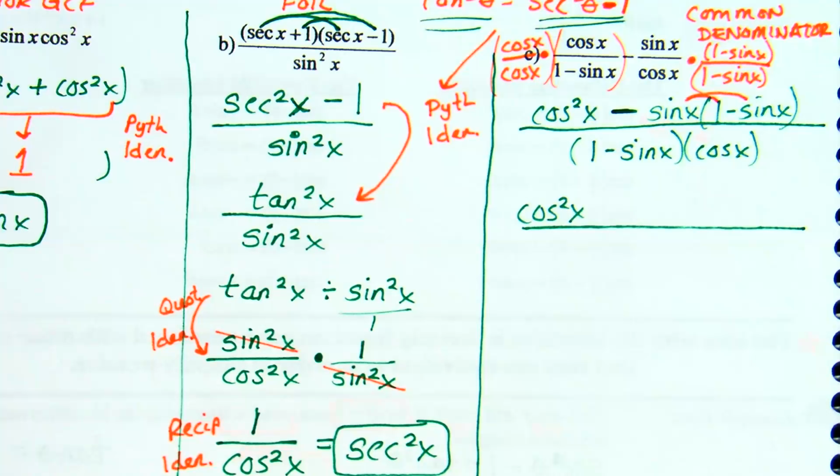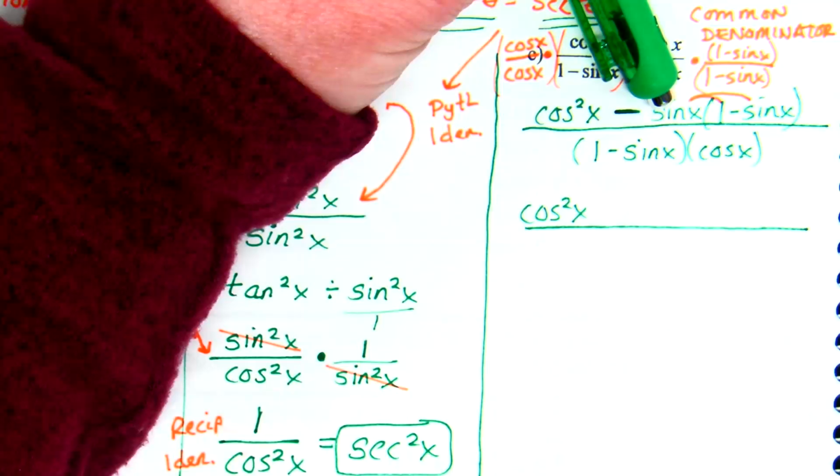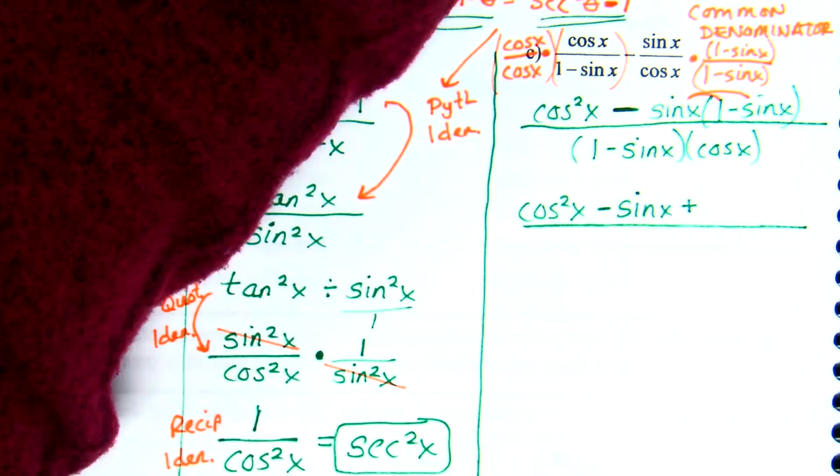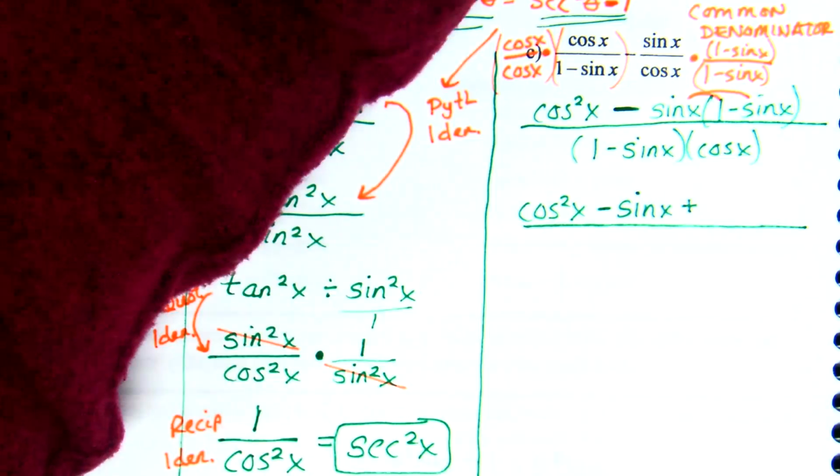Okay, so now, this is a minus sine x, right? What's minus sine x times 1? Minus sine x. What's minus sine x times minus sine x? Sine squared. Sine times sine is going to be sine squared.